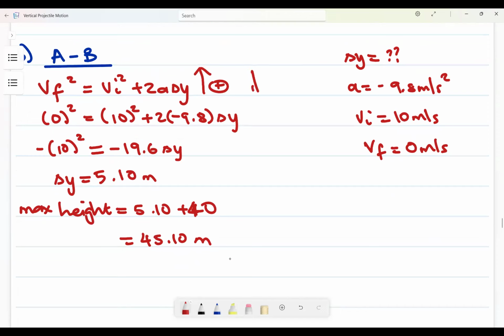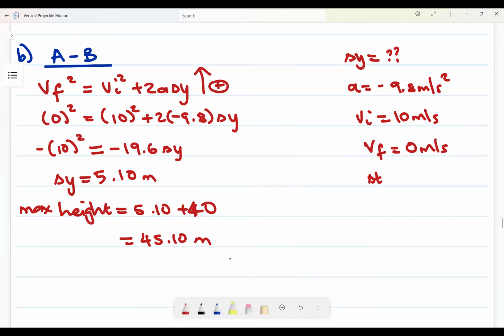If you chose downwards as positive, the answer that we're going to get here is negative. But when you come here, just take it as positive, because we are wanting our height. Height is the same as distance. It's just the value, okay? So in case you use the formula that has change in time and does not have this one, it's fine. You'll get the same value, okay?